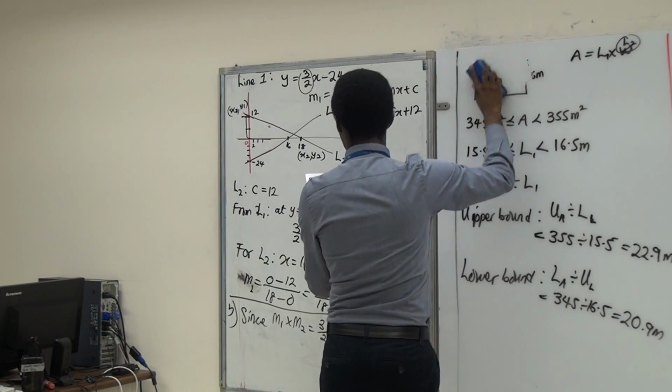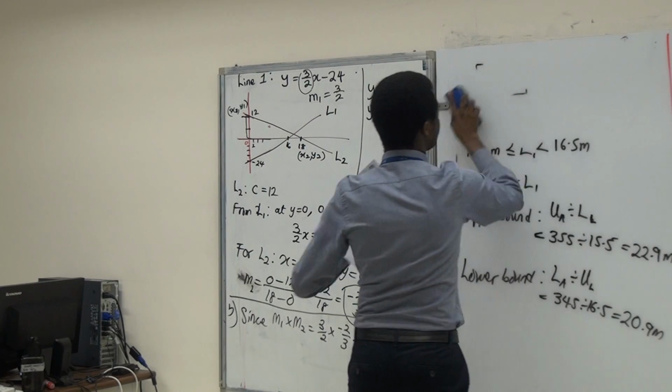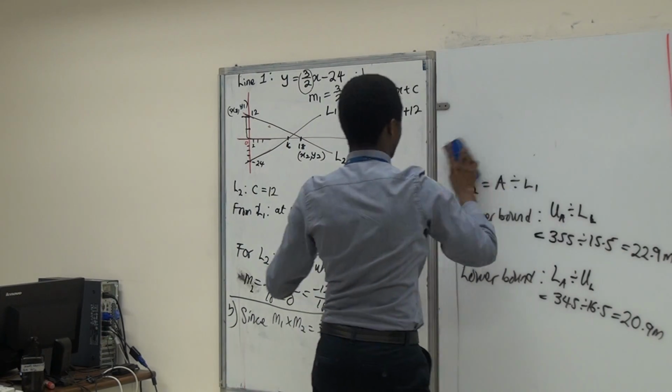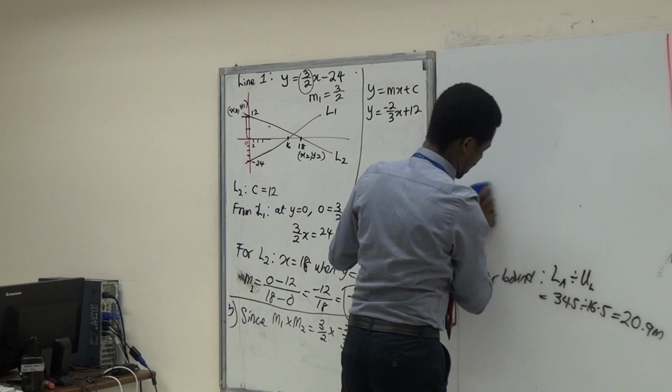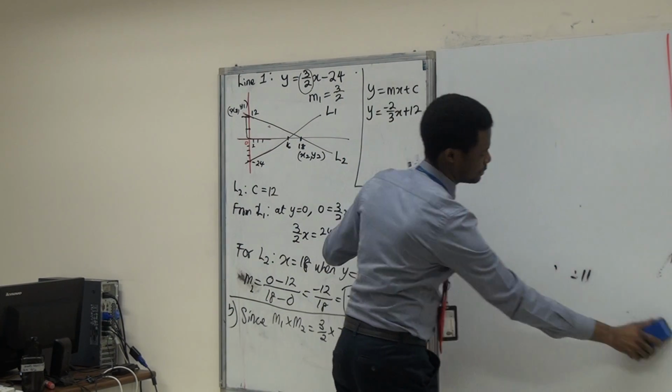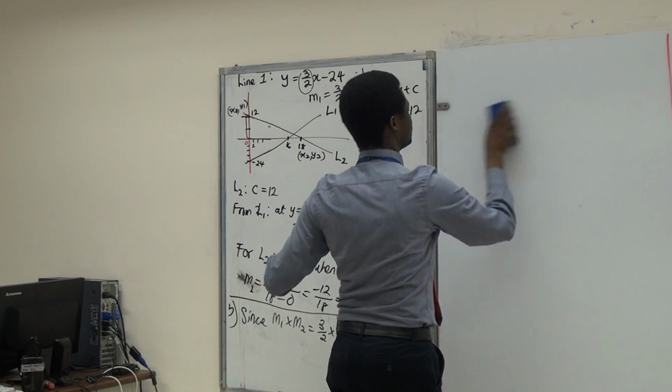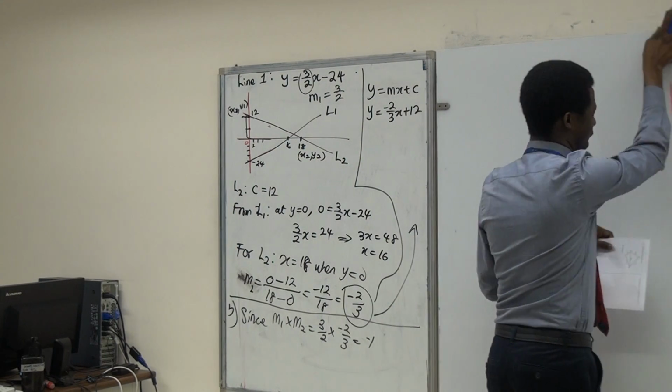There's a question from cosine rule. Question 7 on the cosine rule. Who has done it? What if that question comes out in the exam?